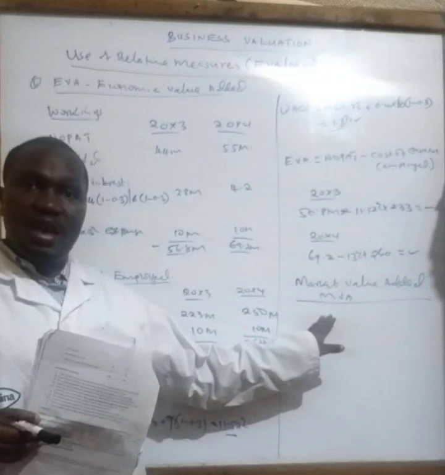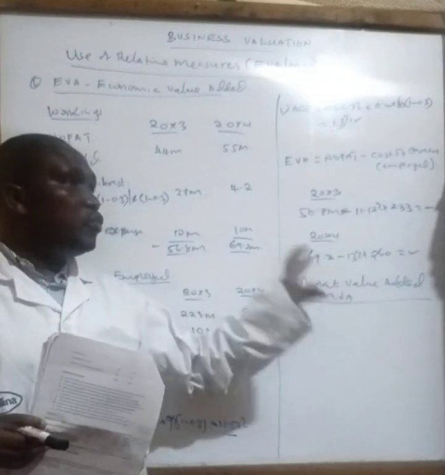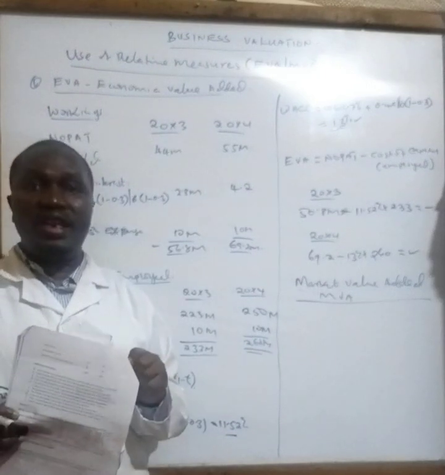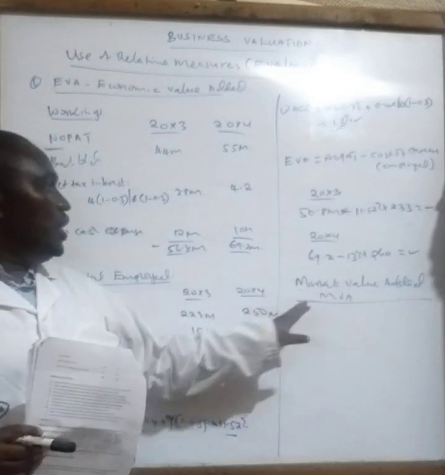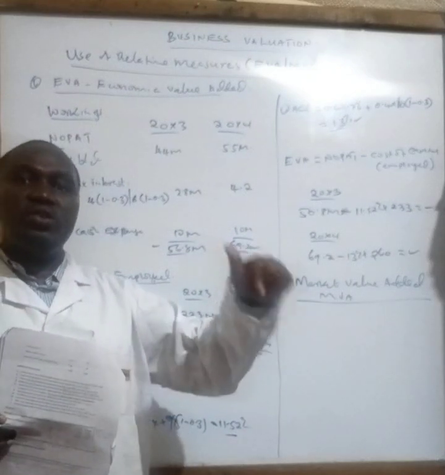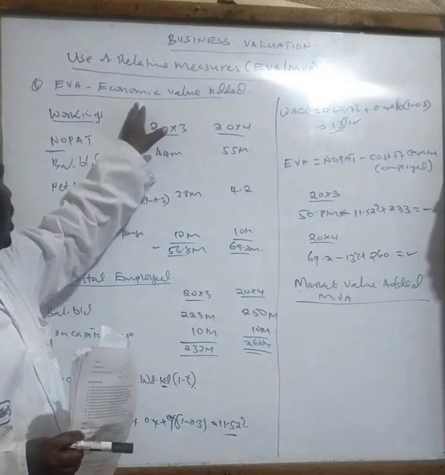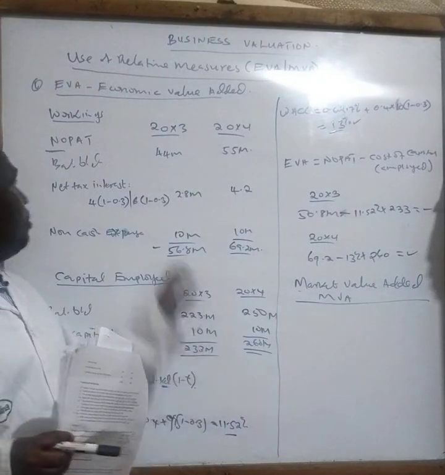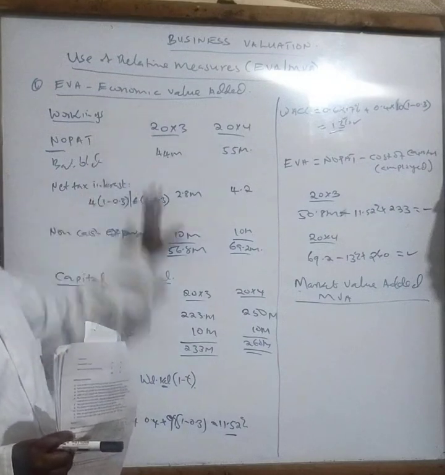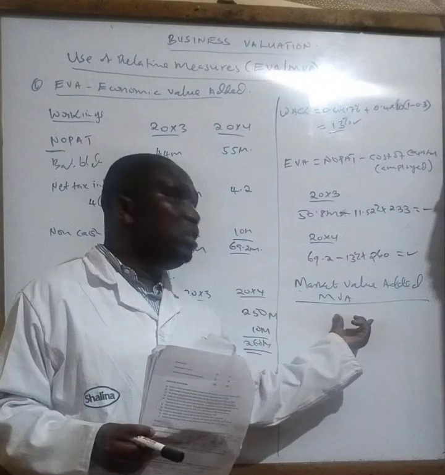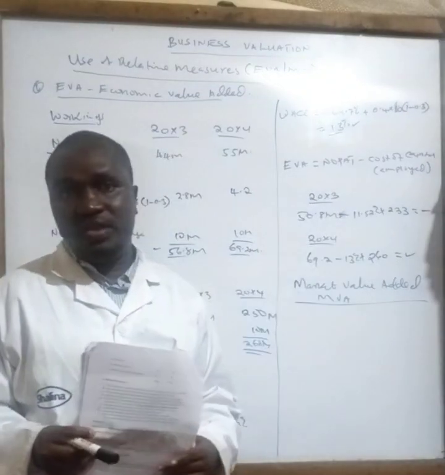This concept here states that we are supposed to focus on the market price of that particular share. So therefore, in this case, it means that we are using external sources of information, while EVA is using what? Internal sources of information. Why? Because this one is found in the financial statement. But this one is not found in the financial statement. This information is found in the market, stock market exchange.